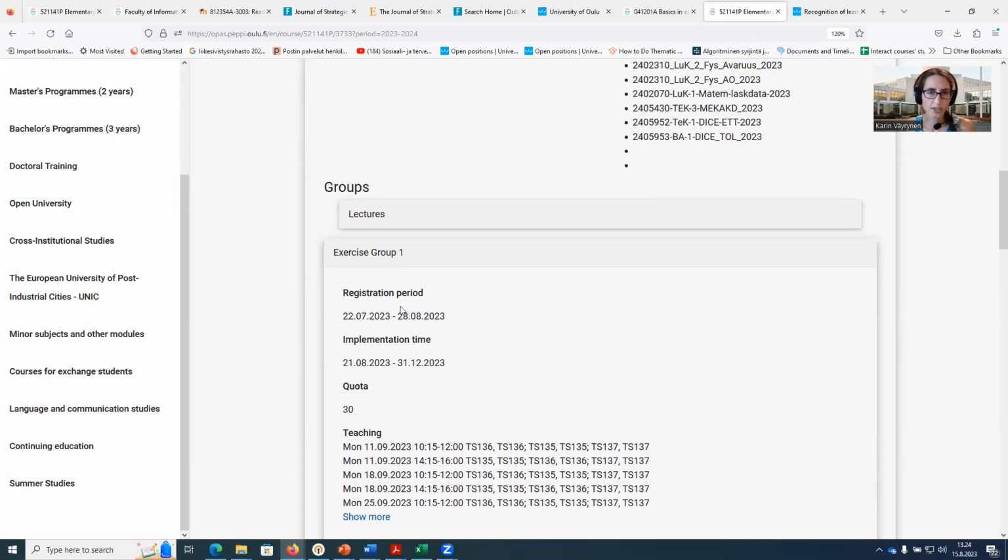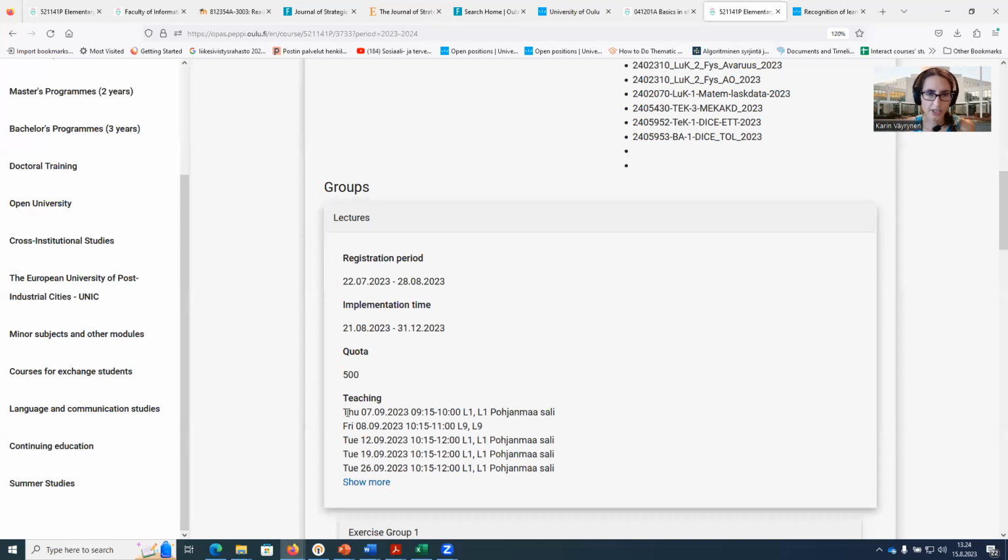If you check out the schedule, the first lecture is Thursday, 7th of September. And again, you would have to check when your mandatory courses have teaching, which exercise groups you enroll to in your mandatory studies, and then check that the optional courses that you select are not overlapping with the other mandatory teaching that you have to complete.